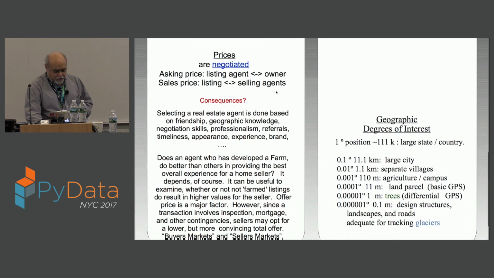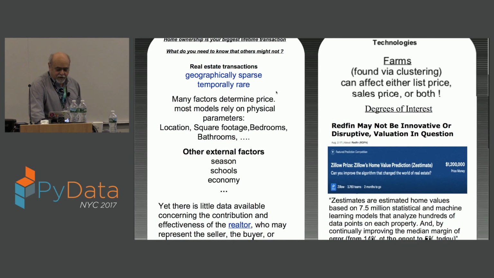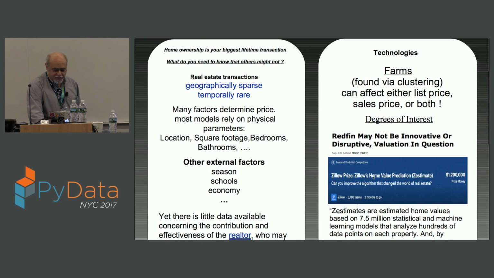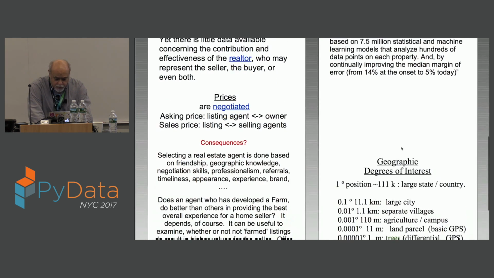But the sorts of things that make this interesting: here's Zillow giving away 1.2 million to come up with a better pricing model. Redfin is in there trying to figure out how to disintermediate the realtor, basically short sheeting commissions one way or the other. They've gone public. You can check their price on your own.